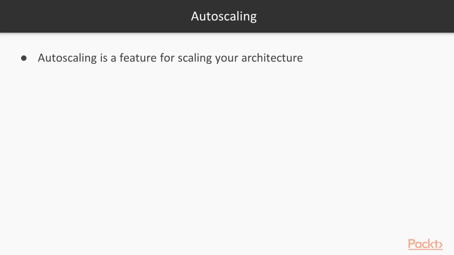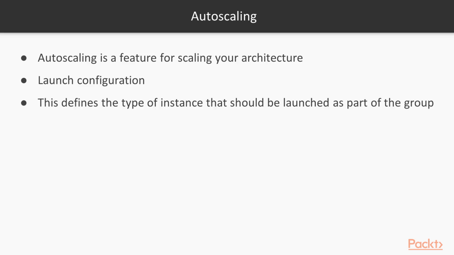In autoscaling, you first have to define a launch configuration. So that launch configuration basically has details of what should be the underlying type of instance that you need to be launched as part of the autoscaling group. For example, what should be the underlying OS for the instance? What should be the instance type? All of these details are specified in the launch configuration. You then need to define scaling policies. So some of them are, you could do it based on a schedule.